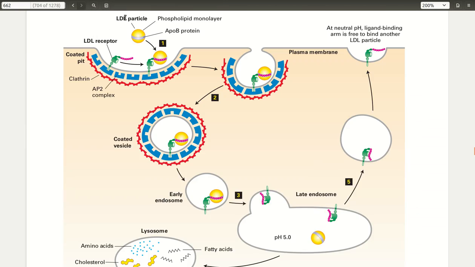And so here's the summary of the whole process of LDL transport into the lysosome. You have this LDL particle in the bloodstream. You have these LDL receptors on the cell membrane, and they use this special arm composed of 7 cysteine residues to bind to the ApoB protein that wraps itself around the LDL particle.